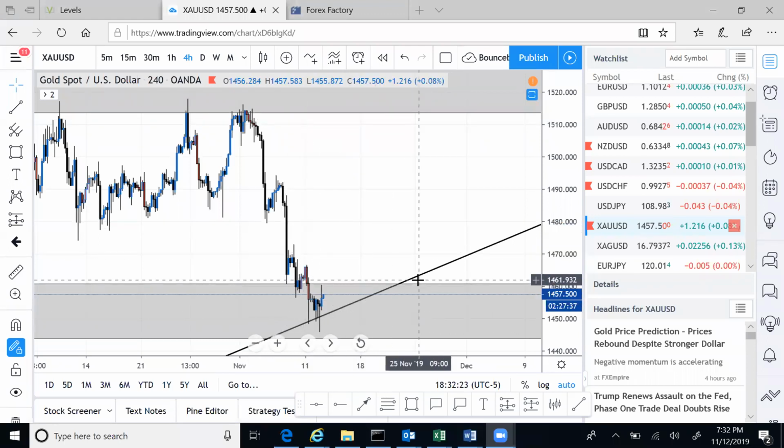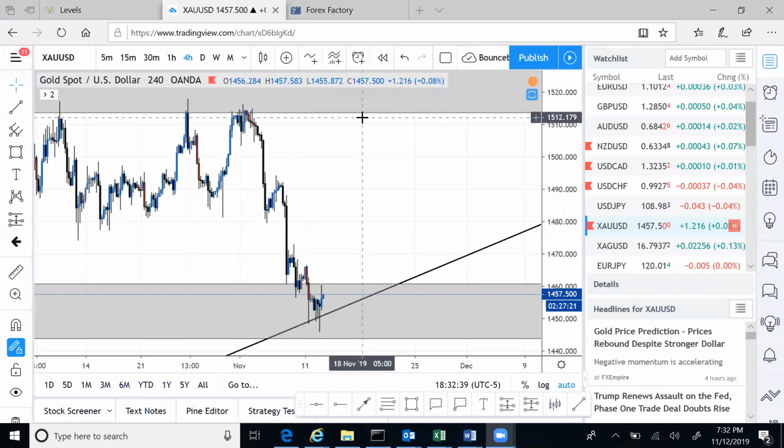You guys need to be able to see these patterns, and it clicks automatically, right? It clicks automatically. I see some people saying inverted head and shoulders. I see where you could see the inverted head and shoulders, but we want to look at the whole picture.